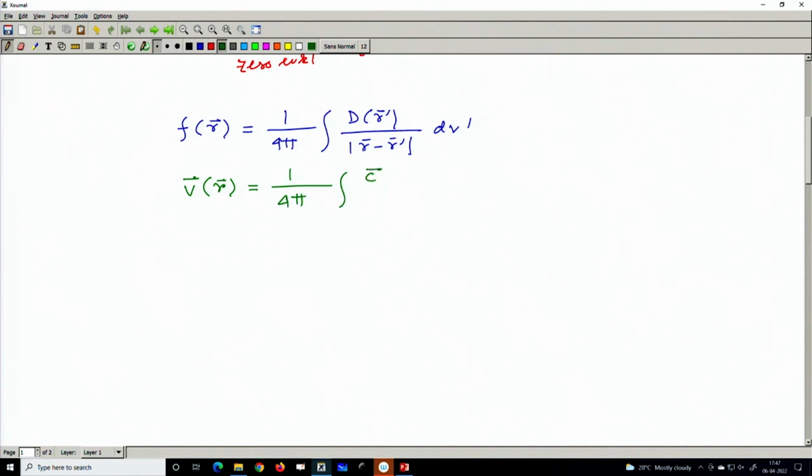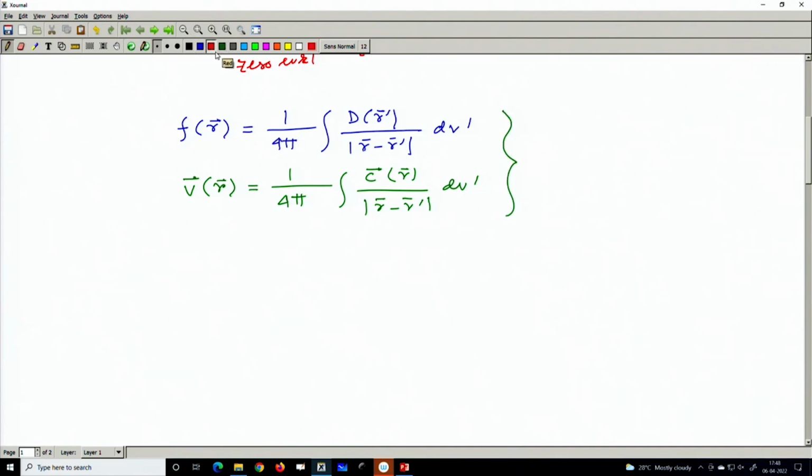For any given unknown vector field whose curl and divergence are known, I can construct the scalar field and V in this way. These are in general called the potentials. Why it is called potential?